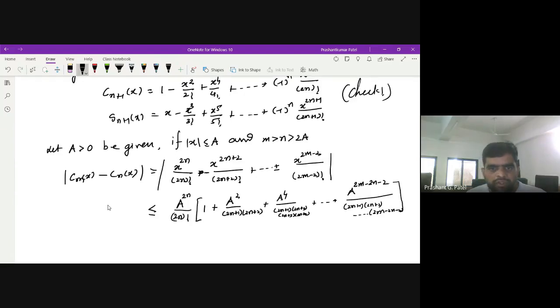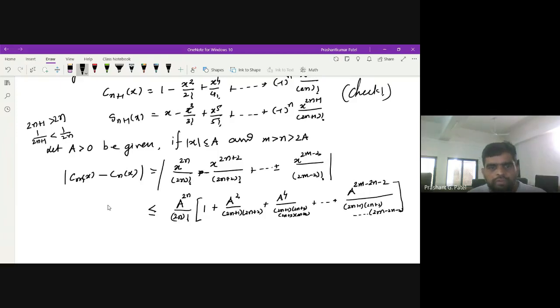As we know, 2n plus 1 is greater than 2n, so 1 upon 2n plus 1 is less than 1 upon 2n.